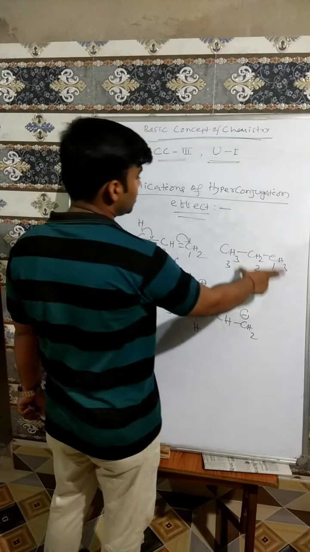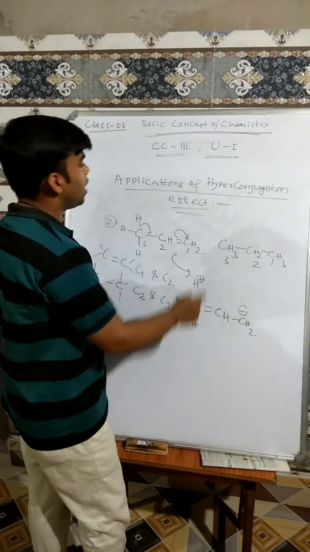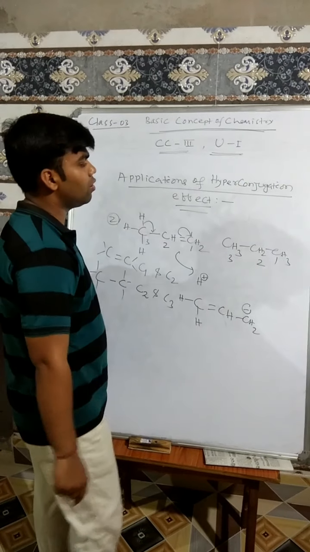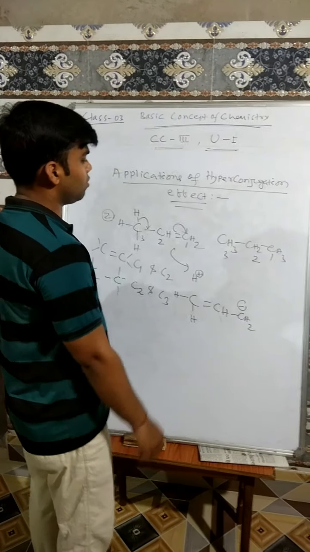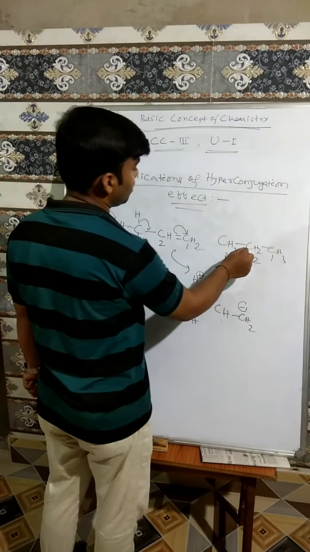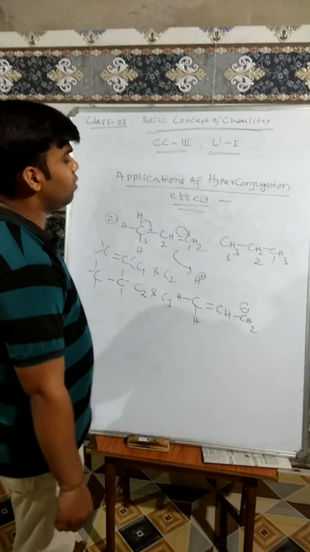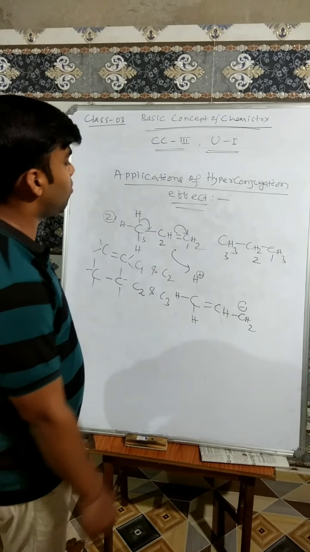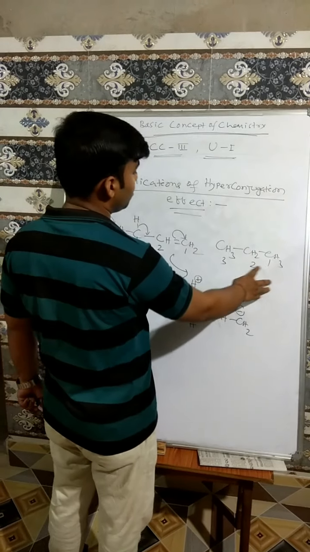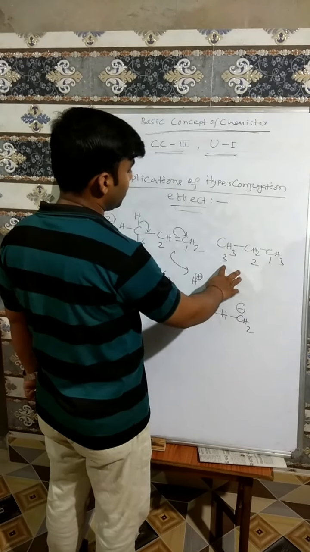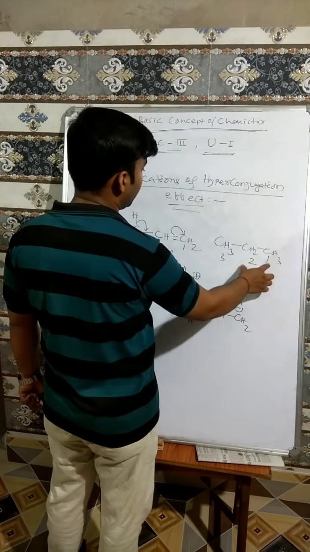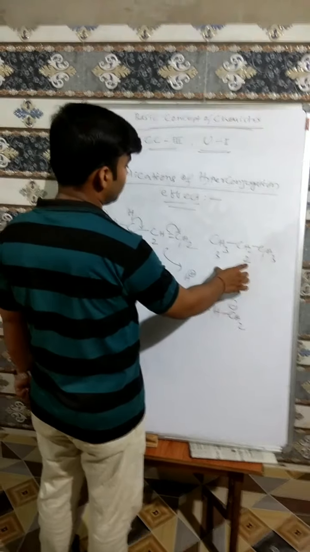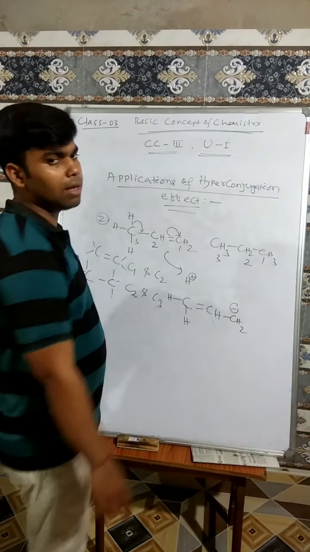But in case of propane, the hyperconjugation effect does not apply, so the bond length has no changes. For the bond between carbon 1 and carbon 2 or carbon 2 and carbon 3, there is no impact on the bond length.